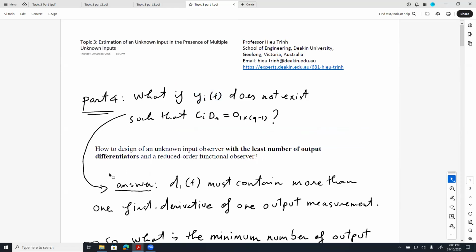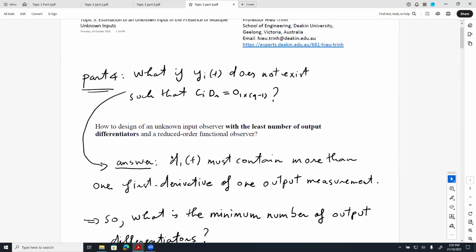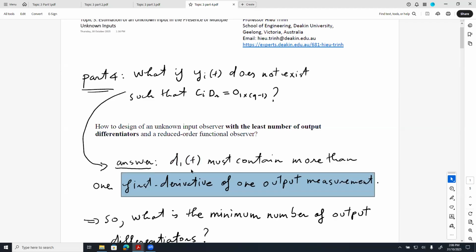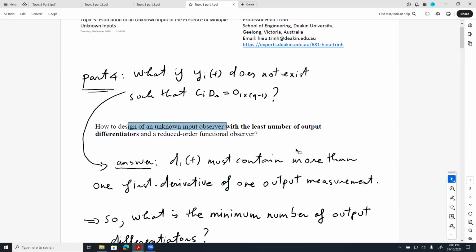The first answer to this question is that when we decouple, or do the decomposition to get d1 of t, it must contain more than one first derivative of one output measurement. And so the natural question that arises here is how to design an unknown input observer with the least number of output differentiators.